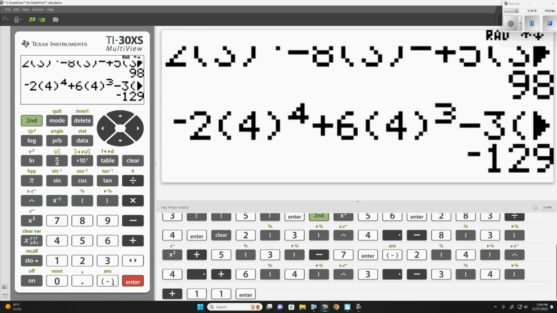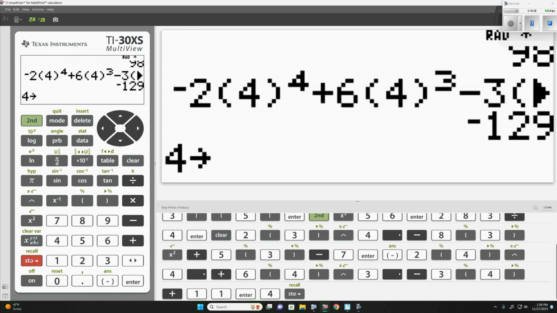So if we look at the next one, this time we're saying x is 4. We can say 4 store x. So this is the 30xs because the variable button is just right above store.